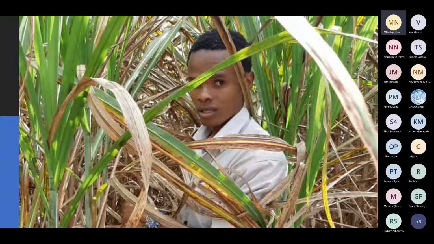The main reason for that is that whatever danger is inside the sugarcane field would be minimized, and your workforce can access the field and do whatever they need to do without any harm.